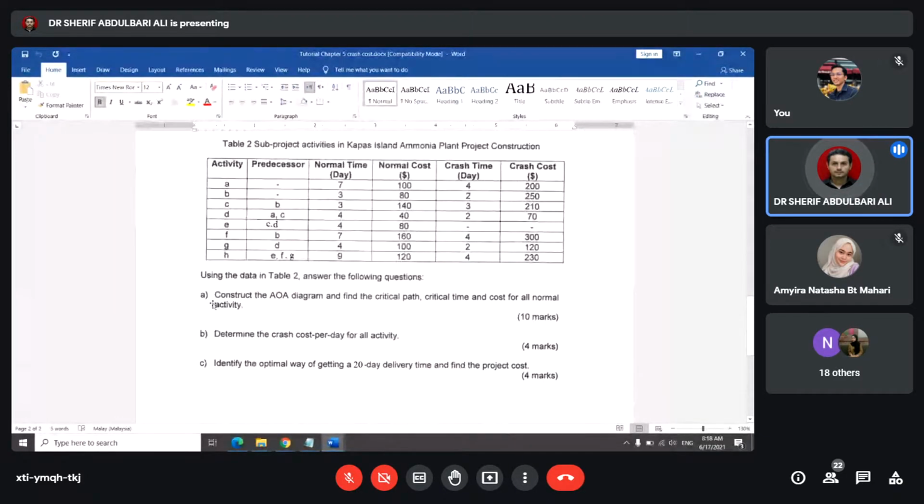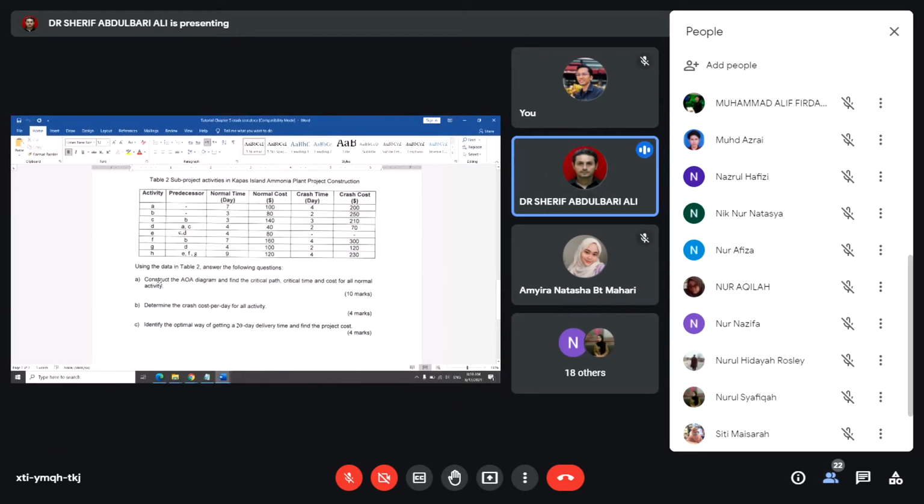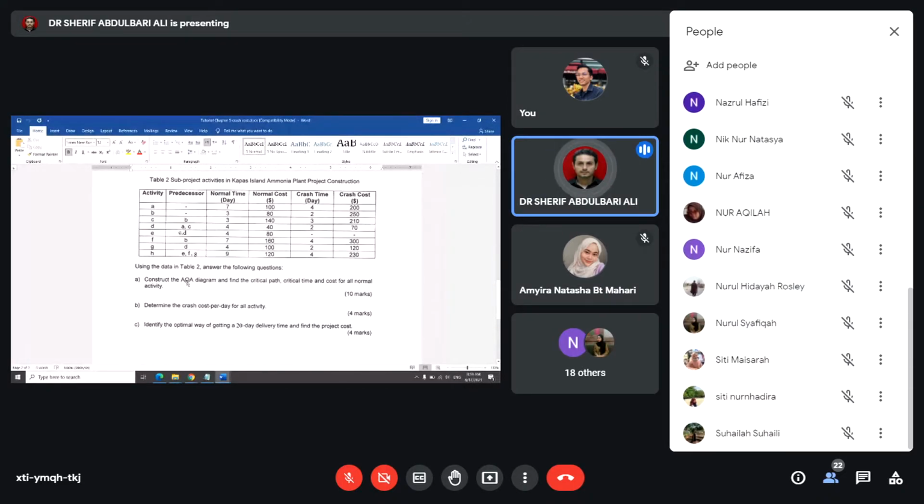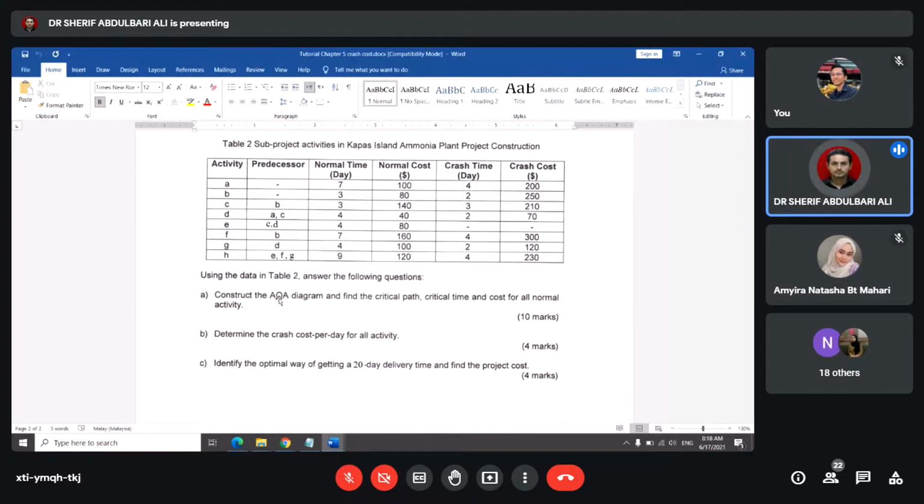So this question is asking for 3 things here. First, you need to construct the AOA or the AON diagram. For me, I'm going to make it as AON, but for you, if the question is asking for AOA, make it as AOA. When I first saw it, my mind read AON, so I made it AON.